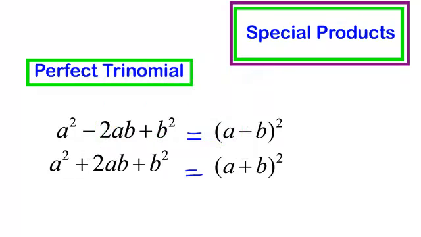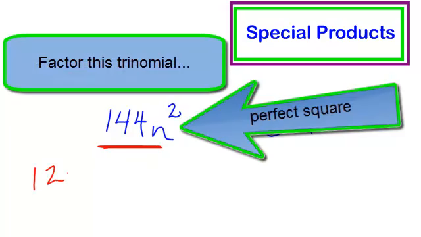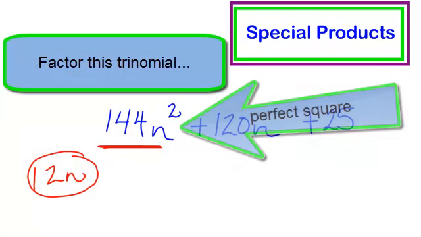Let's try one problem. And let's say I'm telling you to factor this. So this will be in the next chapter, but I'm trying to explain why you want to understand what you're doing when we work with special products. But this is a perfect trinomial. How do I know that? I will look at the first term. This is a perfect square of 12n, because 12n times 12n is 144n squared.